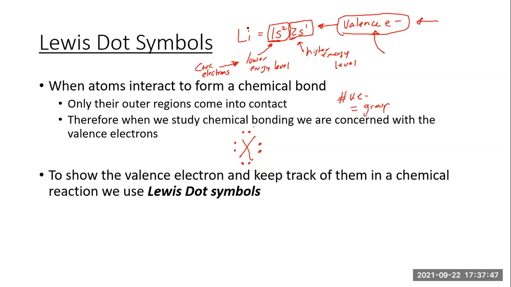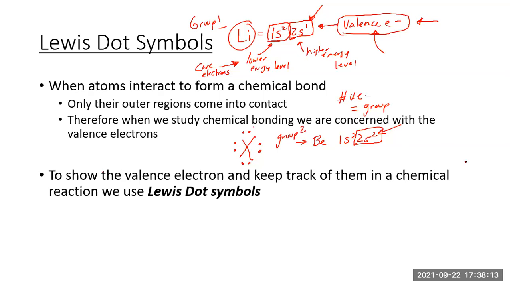And that's why when we look at lithium, it's part of group 1, and it has 1 valence electron, which is that guy right there. If you looked at beryllium, 1s2, 2s2, right here are the 2 valence electrons for beryllium, again, group 2.